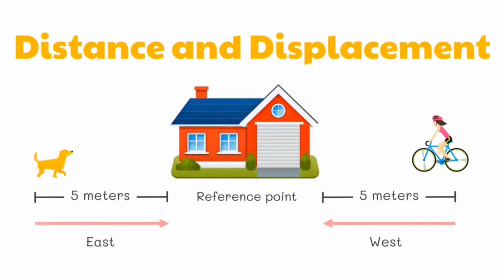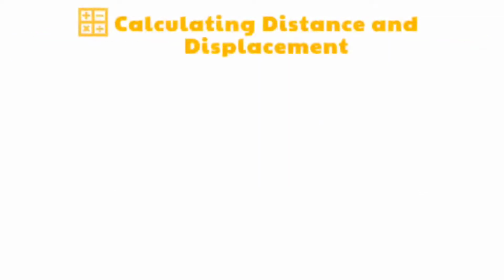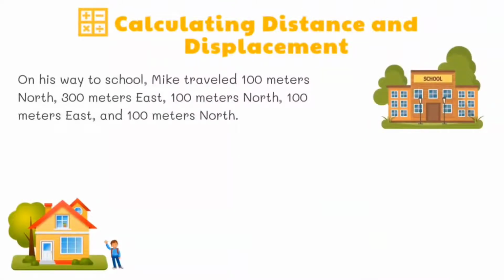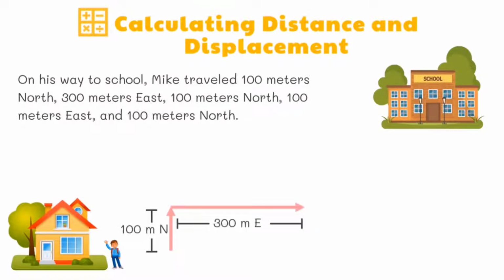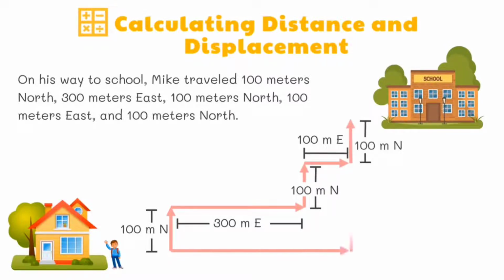Let's try the sample problem. On his way to school, Mike traveled 100 meters north, 300 meters east, 100 meters north, 100 meters east, and 100 meters north. To solve for total distance, we simply add the given distances.